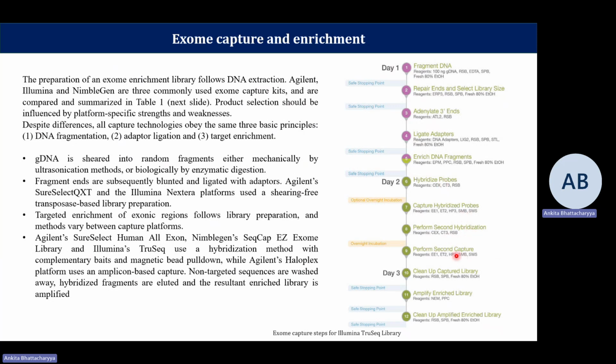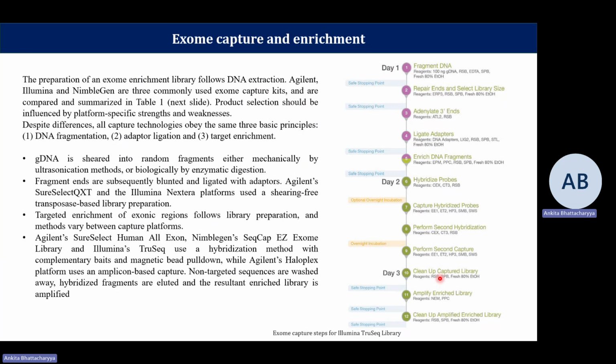You again need to capture these hybridized probes, following which you need to clean up non-specific sequences from this library, amplify it, and then clean up the amplified library, which will give you the final library which will be used for sequencing using all of these strategies we had discussed previously. Specifically, if it is Illumina we are talking about, it will use the bridge amplification strategy for sequencing. So many steps are present prior to the actual sequencing.